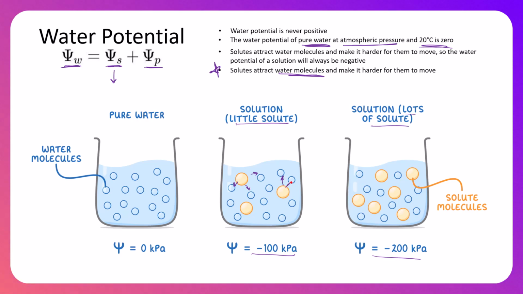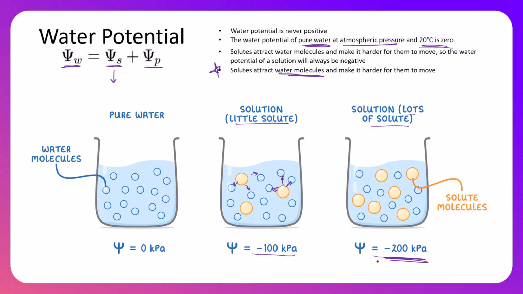It's going to impede the water molecules from moving, and it's going to cause the water potential of those water molecules to drop. It gets harder for them to move, and so the more solute you have in a solution, the lower your water potential energy gets.